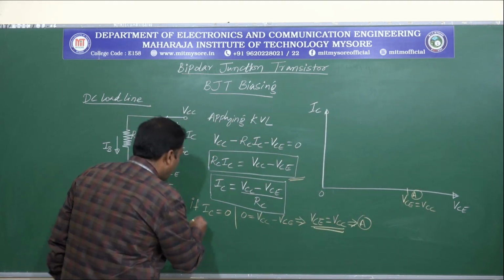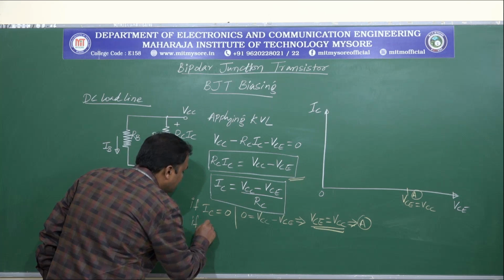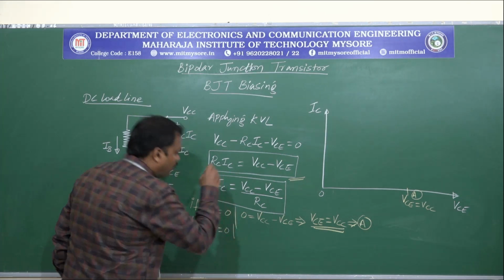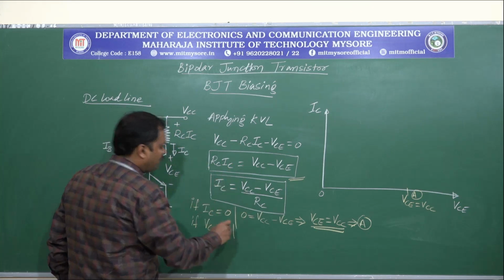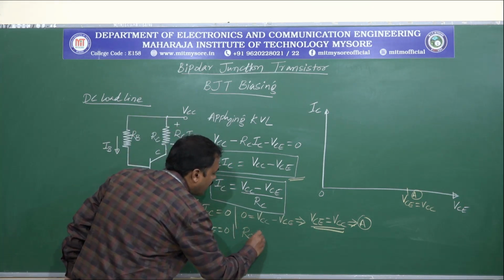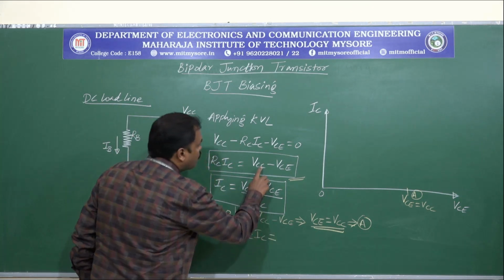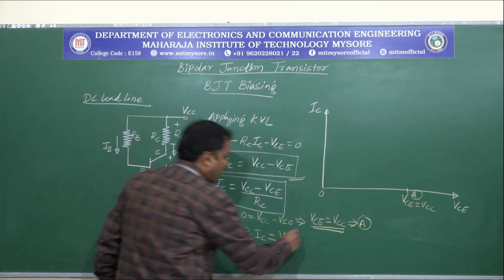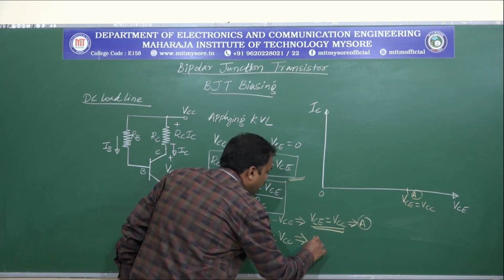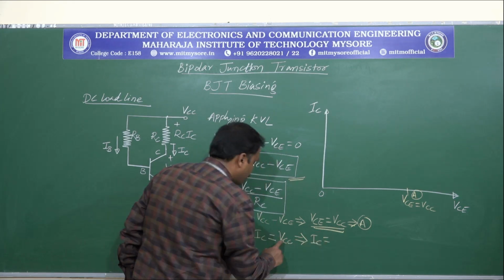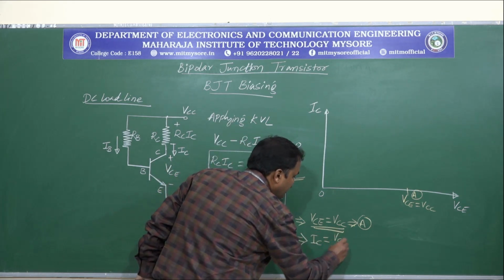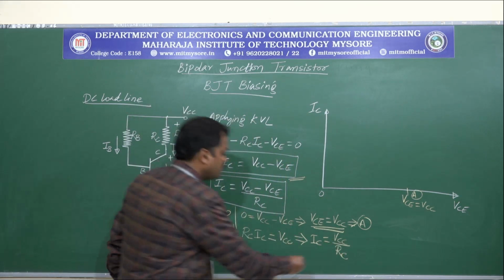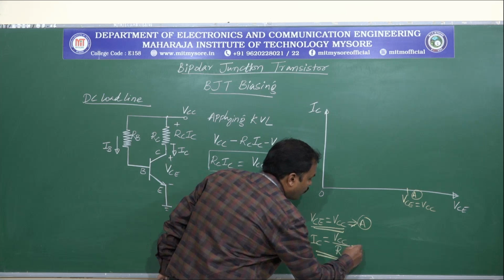In the same way, if I consider VCE equals 0, then RC IC is equal to VCC. This says that IC is equal to VCC divided by RC. So this is another coordinate we have.